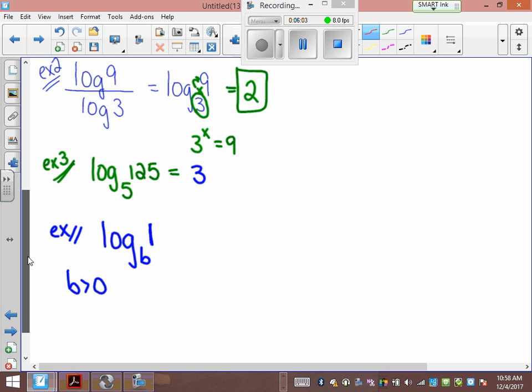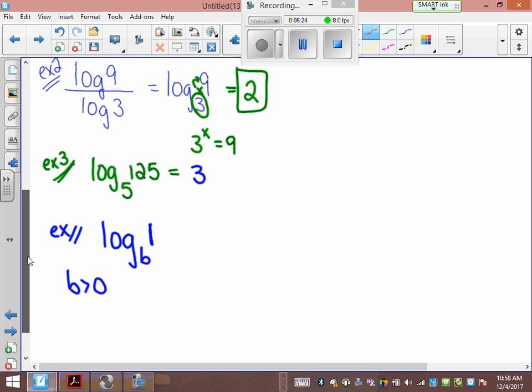b to what power is 1? 0. I'm not asking you what b is. I'm asking you what log base b of 1 is.